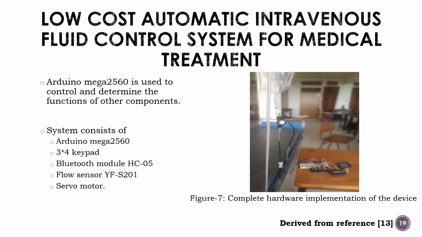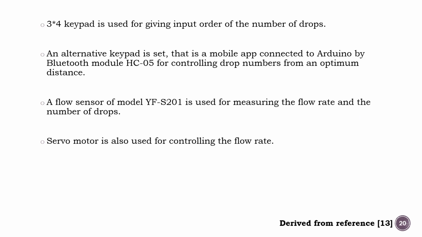For controlling drop numbers from a distance, an alternative keypad is set up, which is a mobile app connected to Arduino via Bluetooth module. A flow sensor is used for measuring the flow rate and the number of drops. Servo motor is also used for controlling the flow rate. That's all what I have mentioned here.